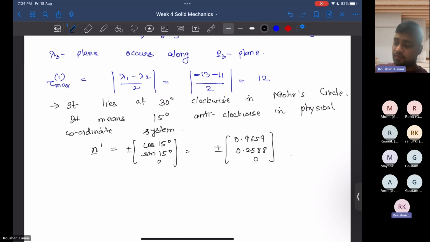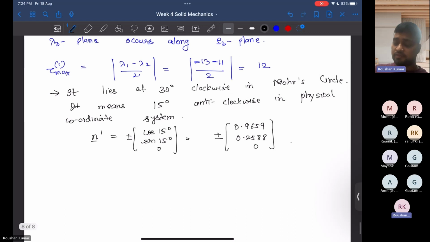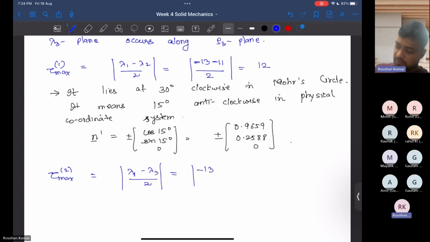Now the second plane on which the maximum shear stress is acting: first we have to find out the value of the maximum shear stress on the second plane, that is tau max of 2. It is nothing but lambda 1 minus lambda 3 upon 2, that is 13 minus of minus 3 by 2, that is equal to 8.